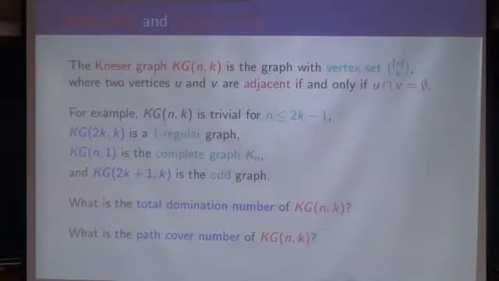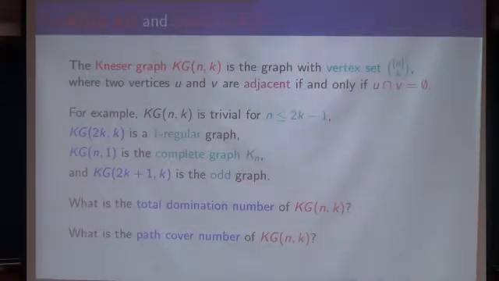So if you compare n minus k choose k and n minus 1 choose k minus 1, this is greater than or equal to that. Maybe this is not that easy to compute, but if you compute it, you get n greater than or equal to approximately k squared over log of k. So if n is greater than or equal to k squared over log of k, then it is Hamiltonian.